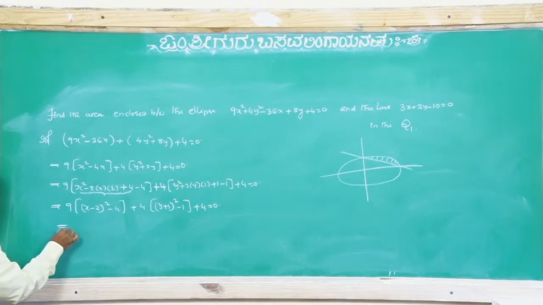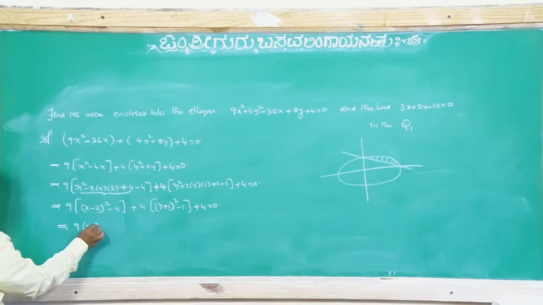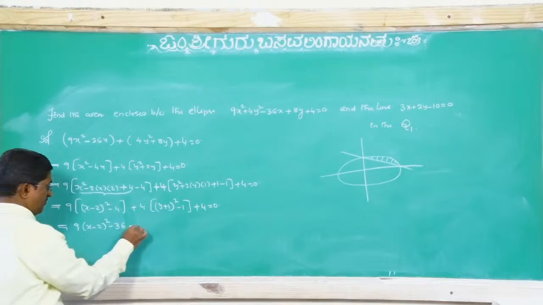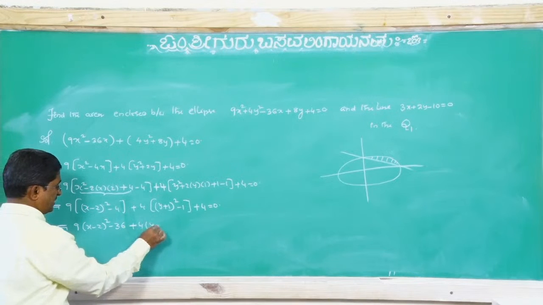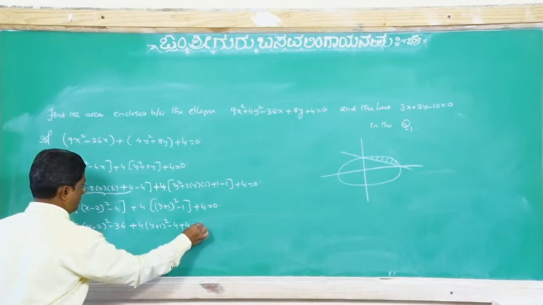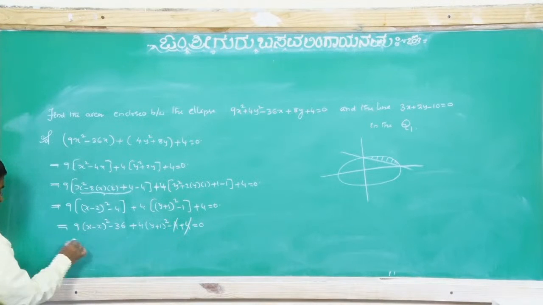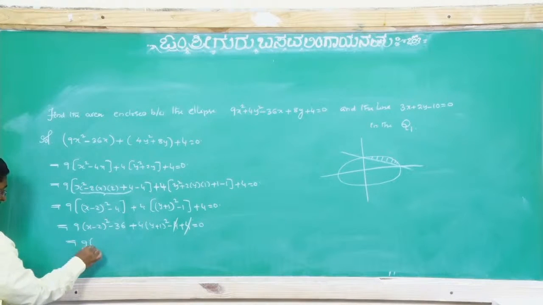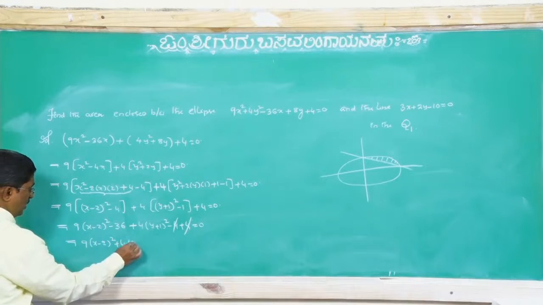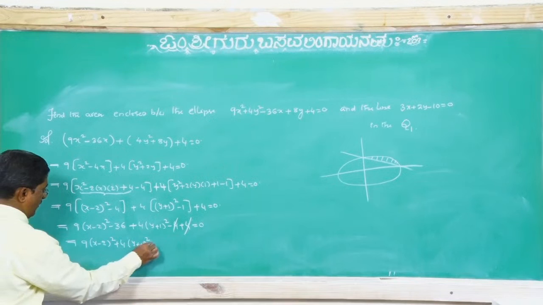This is equivalent to 9 into x minus 2 whole square, 9 4s are 36, 4 into y plus 1 whole square, minus 4 plus 4 equal to 0, which implies 9 into x minus 2 whole square plus 4 into y plus 1 whole square equal to 36.